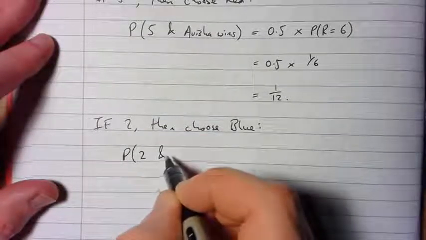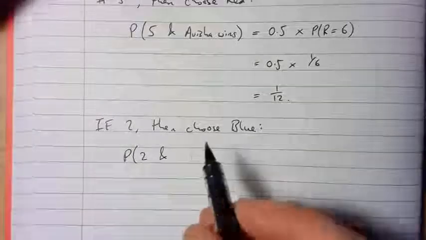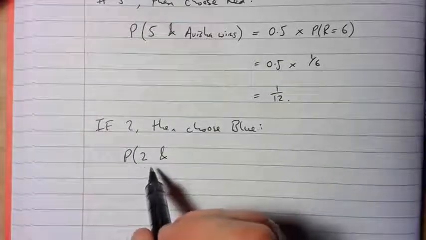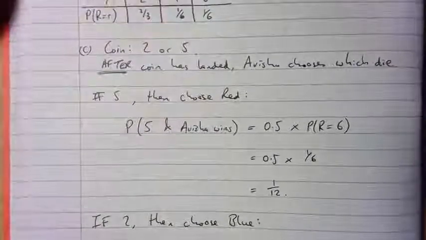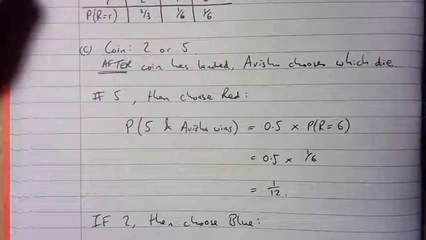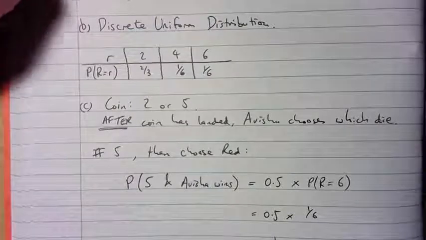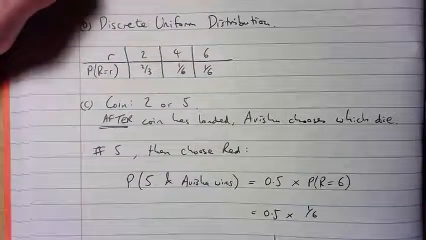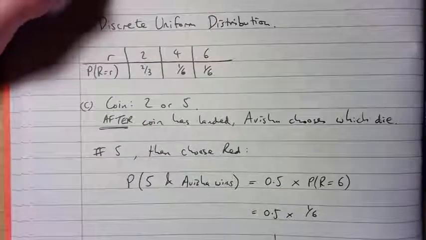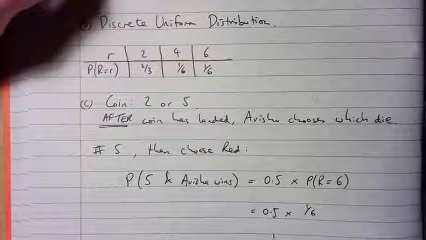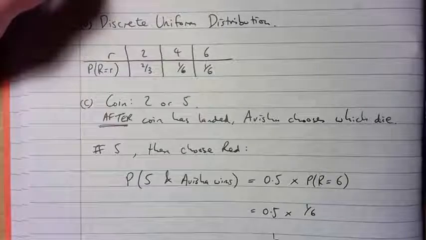Okay, so the probability for Hwk to win then: the probability of a 2 on the coin, and using the blue die, the probability of 3 or 5 on the blue die, so blue equals 3 or 5.